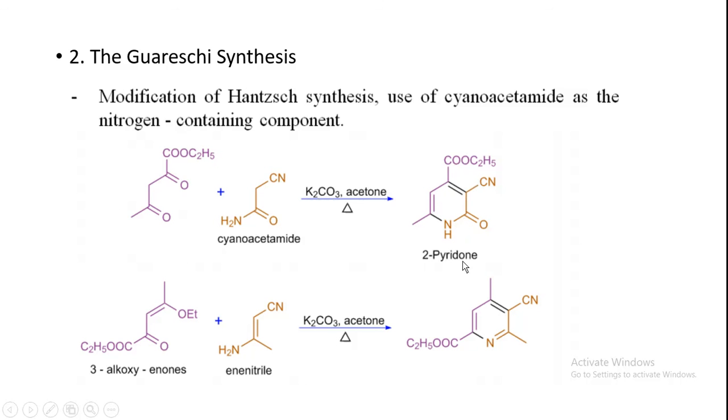So in presence of K2CO3 and acetone, heat it, you will get the compound 2-pyridone, okay. Then next, or you can directly use 3-alkoxyenones and enenitrile, okay. So in presence of K2CO3 and acetone, heat it, you will get this compound, okay. Here it is a pyridone because of this C double bond O, but here you are getting a substituted pyridine ring, okay.